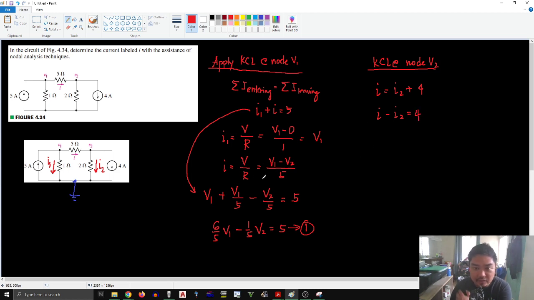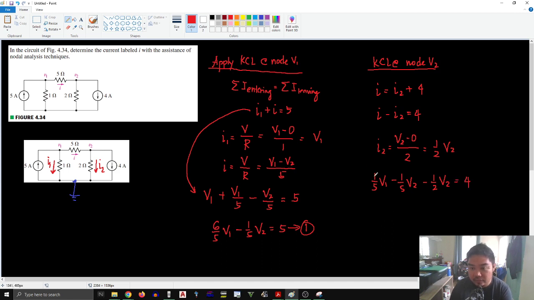Now, since we already know the value of I, we need to determine the value of I2. I2 is equal to the potential difference V2 minus 0 all over 2, or simply 1 half of V2. Substituting here, I is 1/5 of V1 minus 1/5 of V2. So I minus I2, with I2 being 1 half V2, must be equal to 4.